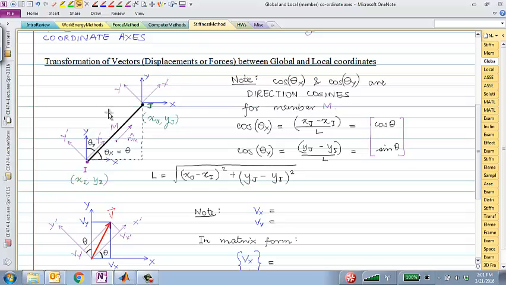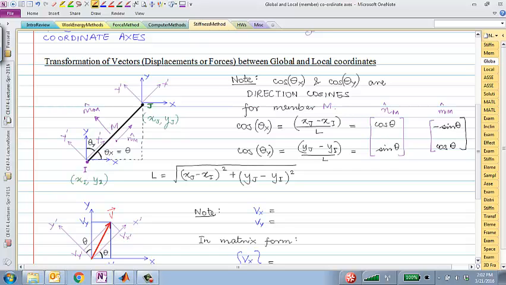The other vector I need is something perpendicular to this member, so in this direction. And purely from geometry again, you will be able to see that if I call that m hat m, let me call this first n hat m, then the vector m hat m would be minus sine theta and cosine theta.